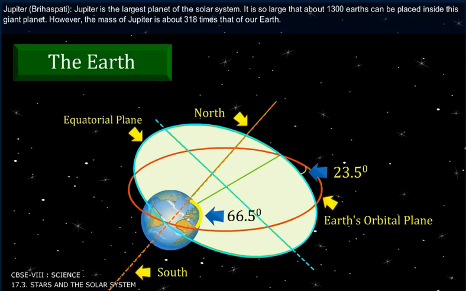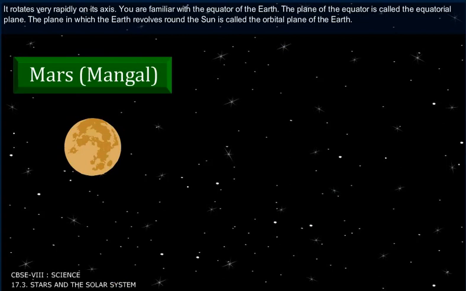However, the mass of Jupiter is about 318 times that of our Earth. It rotates very rapidly on its axis.